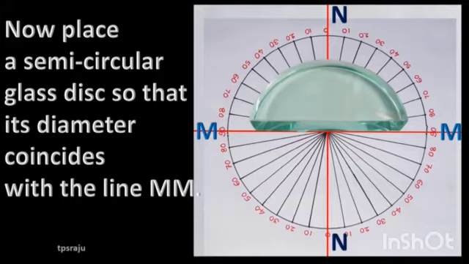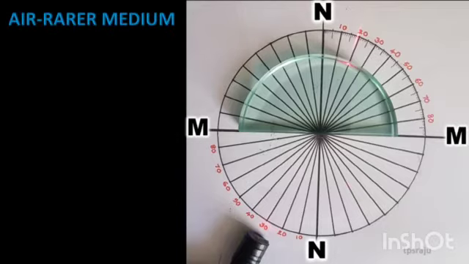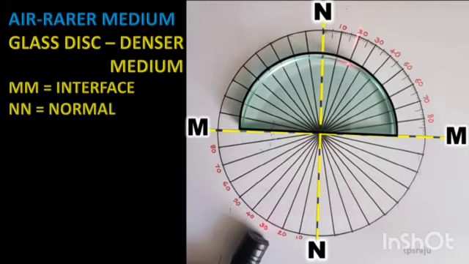Now, place a semicircular glass slab so that its diameter coincides with the line MM. Here, these are two media. One is air, another one is glass. Air is the rarer medium and glass is the denser medium.